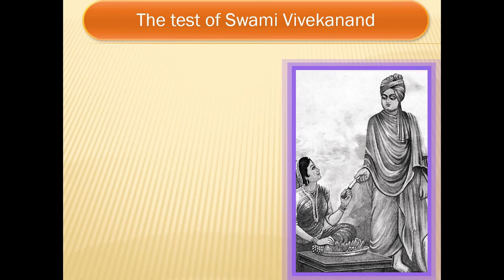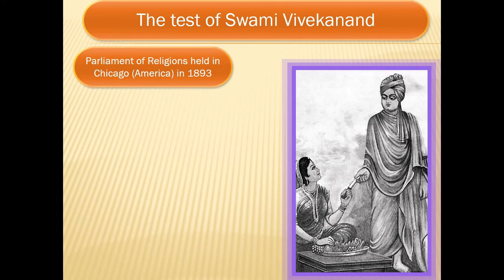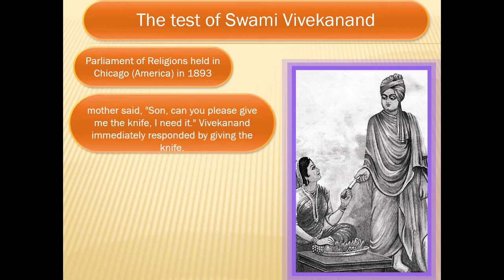This story has the title The Test of Swami Vivekanand. In the Parliament of Religions held in Chicago in America in 1893, Swami Vivekanand ji was invited. He was going there to represent India.